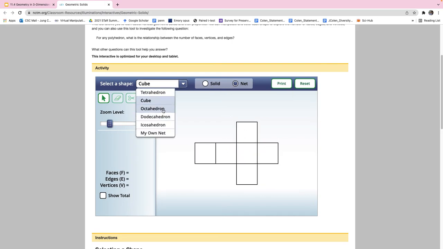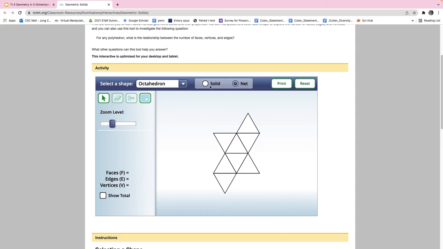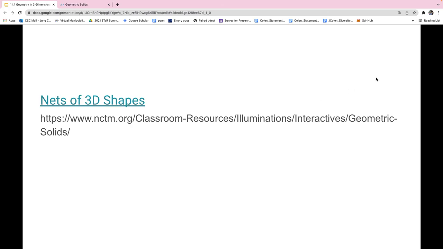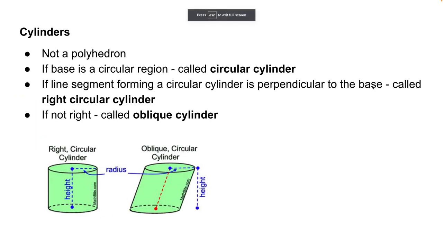And we can also show the octahedron with a solid shape, and you can show the net, and you can play with F plus V minus E there too, right? So play with that with your students. I think it's gonna be very cool. On the NCTM website there's a classroom resources section, and in Illuminations there are so many interactive activities that you can do with your students.